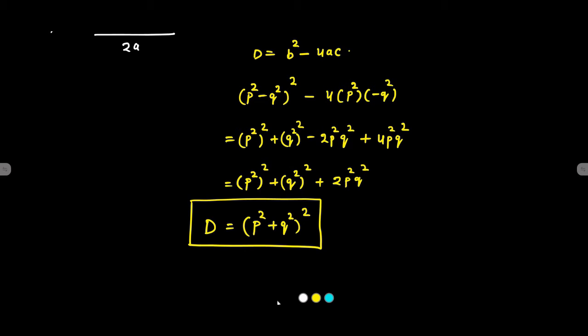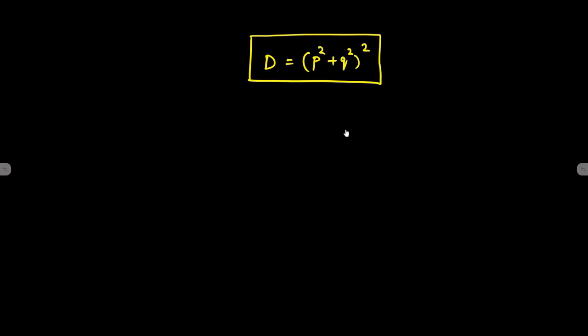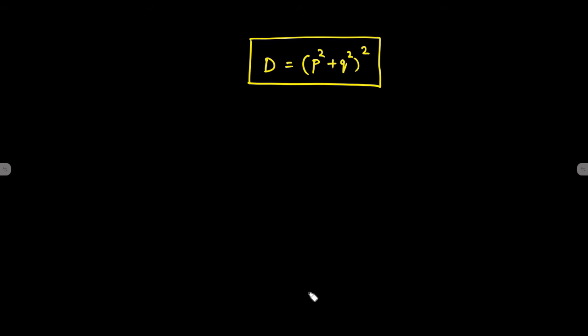Okay, this is the discriminant, p square plus q square whole square. Now we can easily calculate the values of the roots of the quadratic equation. So the roots alpha, beta are equal to minus b plus minus root over d by 2a, where d is equal to b square minus 4ac. So here it is equal to minus b.